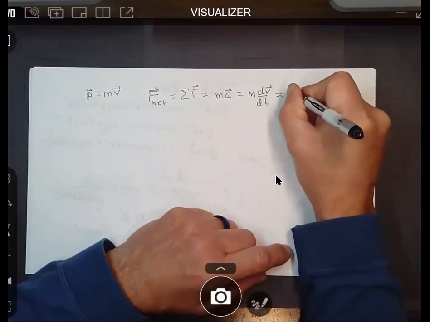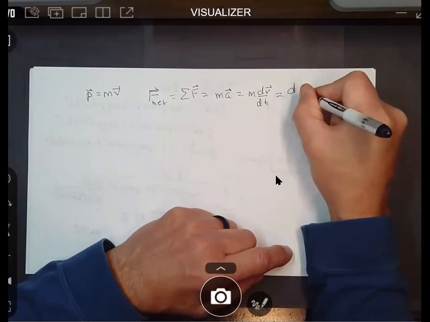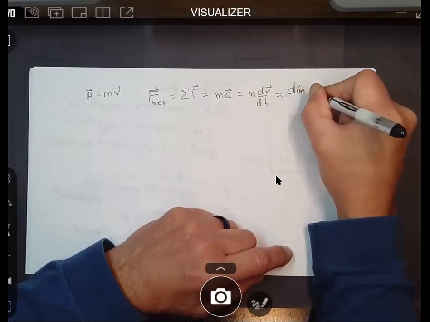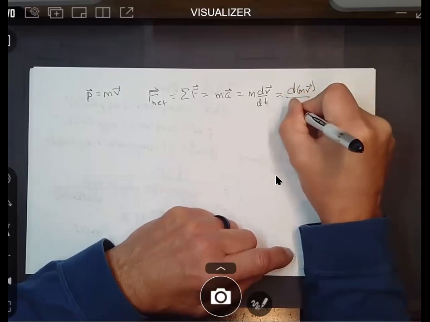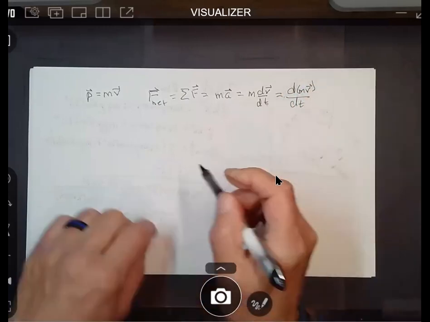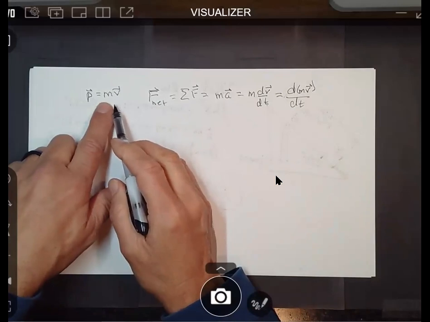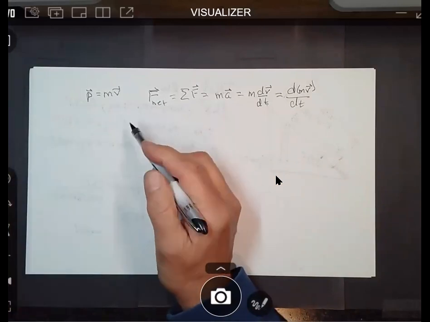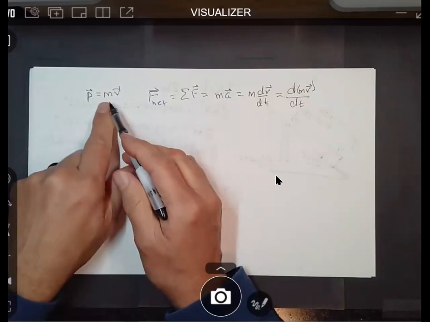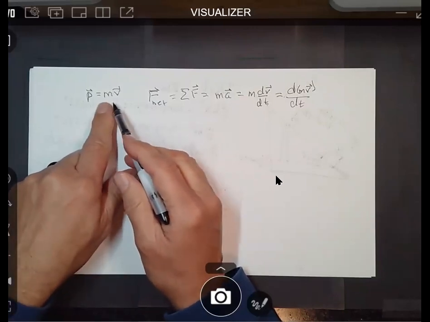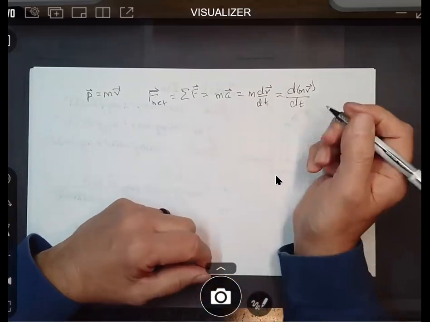If we do that here, we get d/dt of mv. Well, mv, I just said, was the momentum of something. And why we use the letter P for momentum, I guess it's because M was already being used by mass. So that's just the way it is.